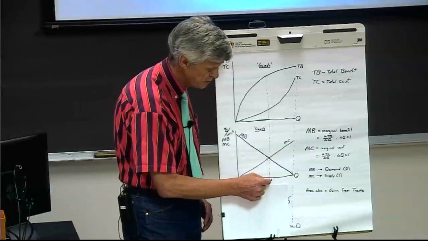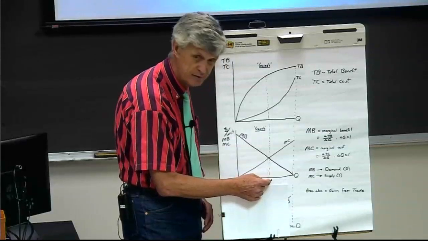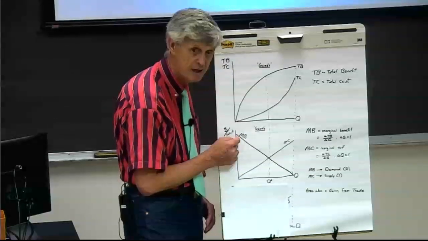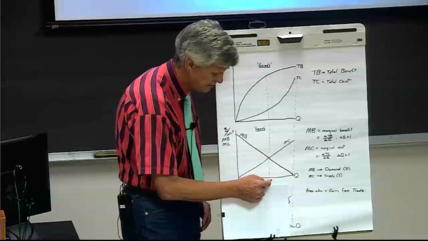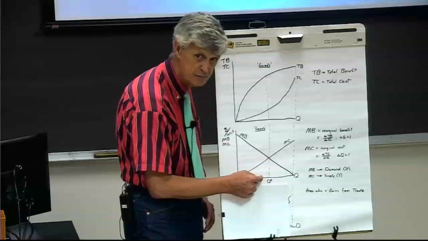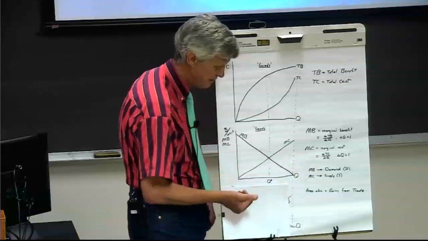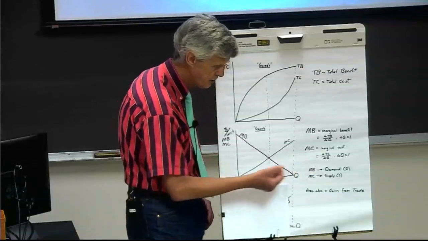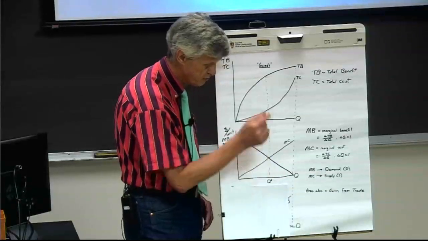So the best increment of output is the first one, but the amount that's perfect, that's best, is the amount that exhausts the opportunity to improve the net benefits. All the units of output that increase benefits more than costs should be produced.